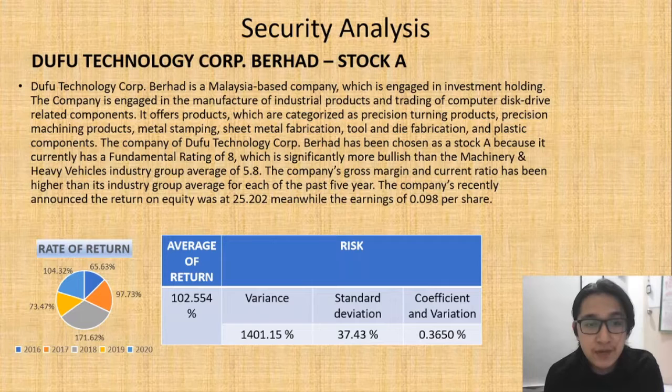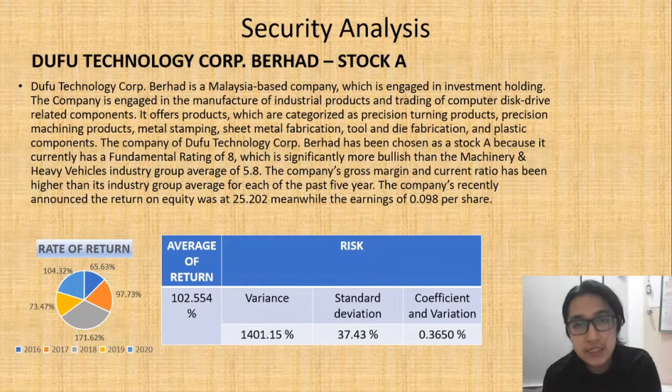And then from the average of return, we have a total of 102.554%. And then the risk, we have the variance of 1401.15%, standard deviation 37.43%, and the coefficient of variation 0.3650%.